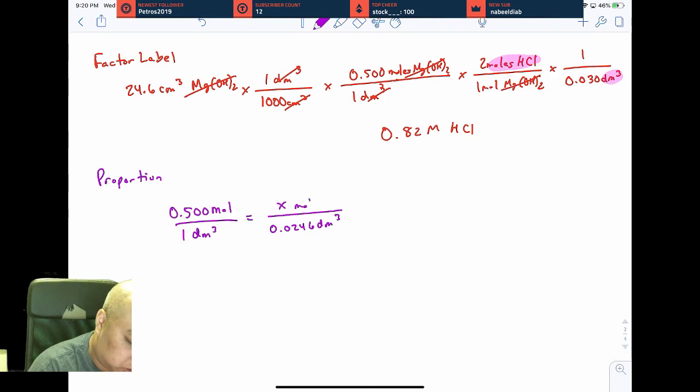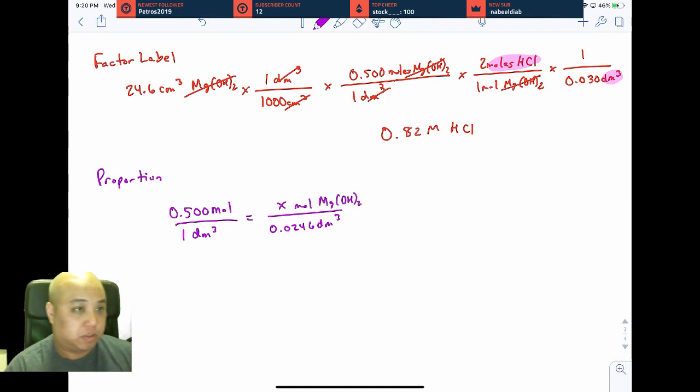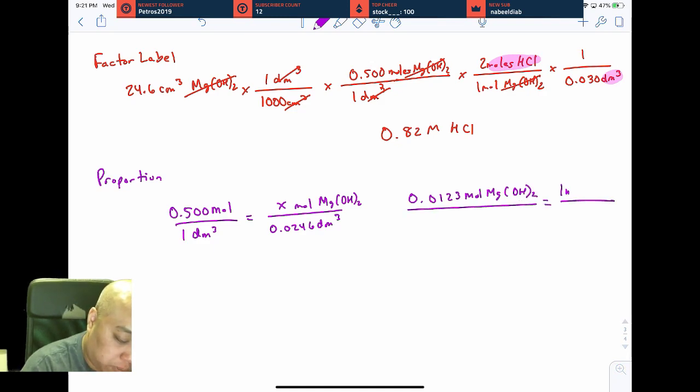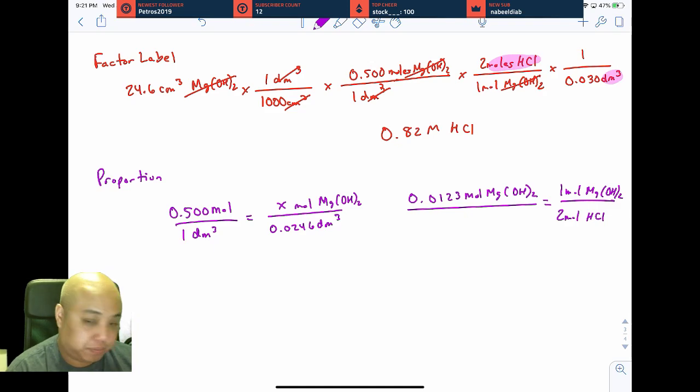So how many moles of MgOH2 do I actually have? 0.5 times 0.0246 gets me 0.0123 moles of MgOH2.